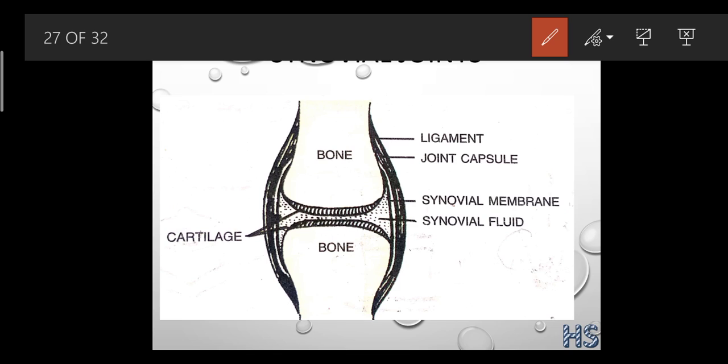The reason is very simple: as age gets higher, the synovial fluid decreases in level. Due to this the two bones rub against each other, and it causes an immense amount of pain. So the synovial fluid is there because it provides lubrication so that you can easily move your legs, and it also helps to remove friction.